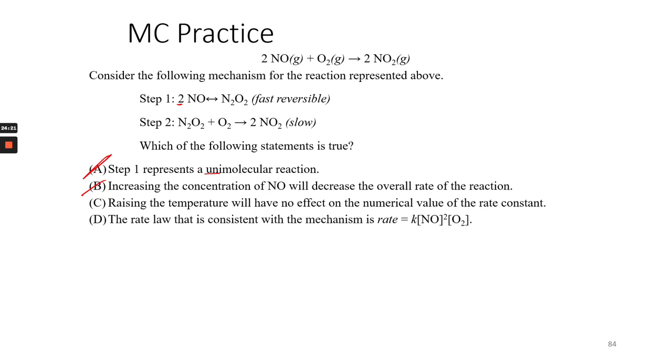Well, the whole last video talked about how the rate constant is highly dependent on temperature. If you increase the temperature, you increase the rate constant. So that is false. The rate law is consistent with the mechanism, and the rate is equal to k[NO]² times [O2]. So that is true. Okay, here's my slow step.